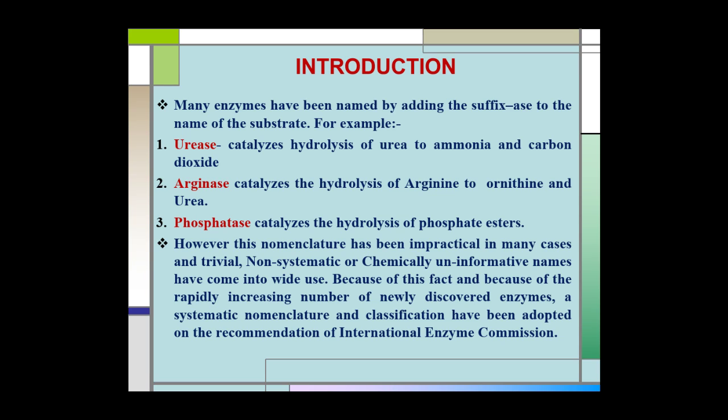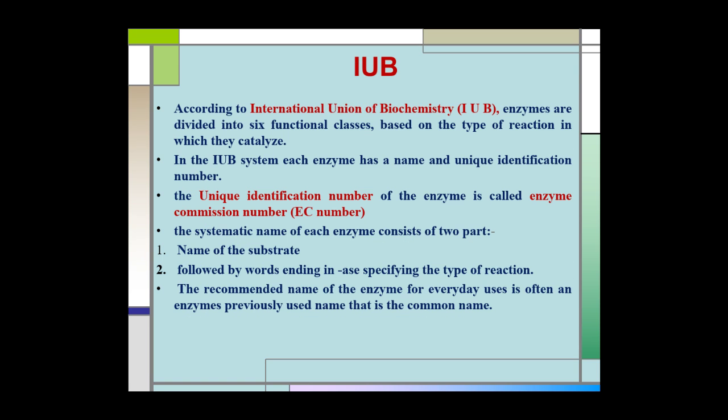Because of this fact, and because of the rapidly increasing number of newly discovered enzymes, a systematic nomenclature and classification have been adopted on the recommendation of the International Enzyme Commission, IUB, International Union of Biochemistry.